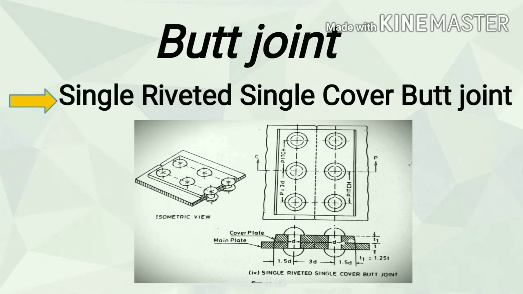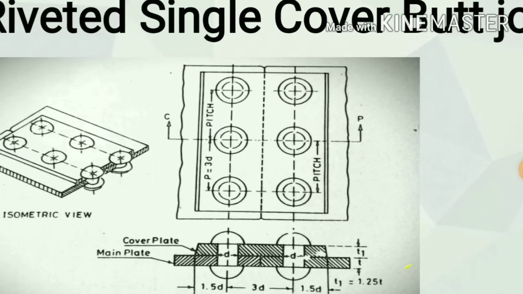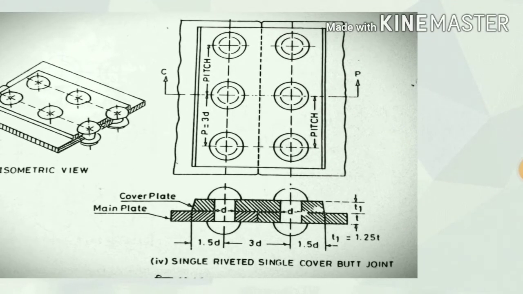Butt joint, single riveted single cover butt joint. As per the picture, as per the drawing, the two rivet center distance P is equal to 3D, and when we cut this section, you can see this type of section.